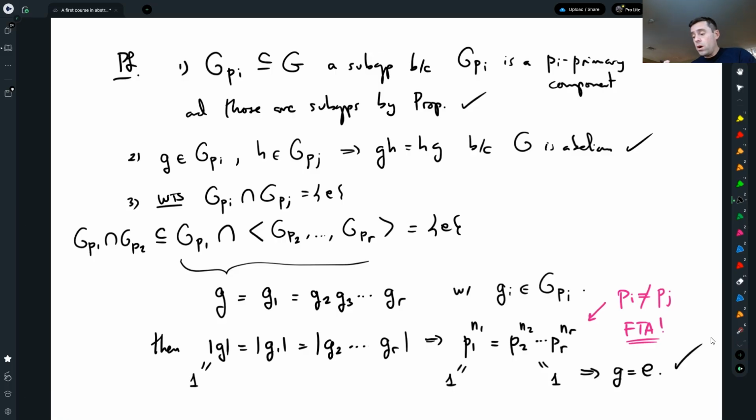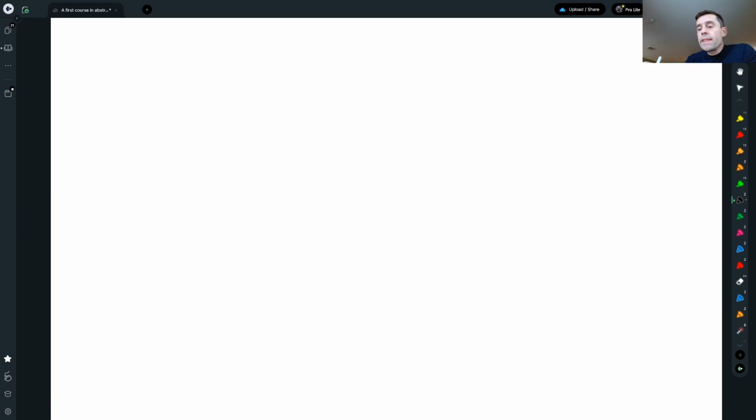So now the last part we want to show is that G is a direct product, that actually I can write any element in G as a product of elements in the p-primary components. The last bit we need is to prove that G is an internal direct product of the p-primary components.